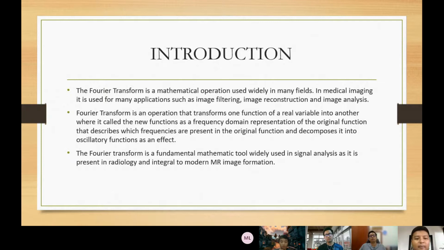Fourier transform is an operation that transforms one function of a real variable into another, called the frequency domain representation of the original function, which describes the frequencies present in the original function, decomposed into oscillatory functions.